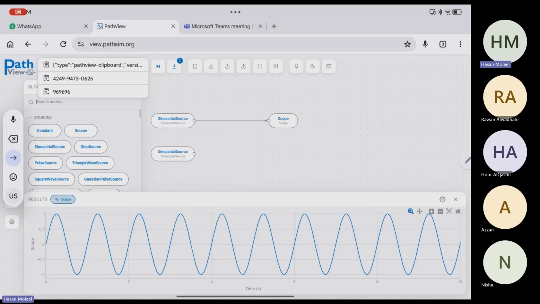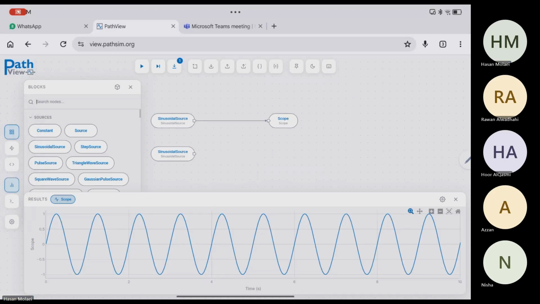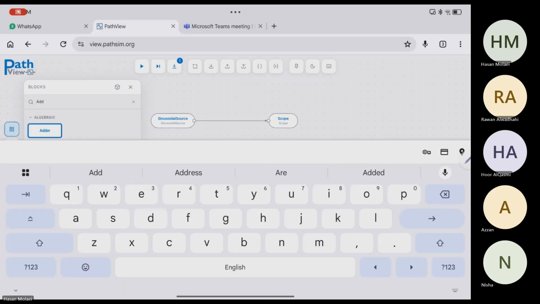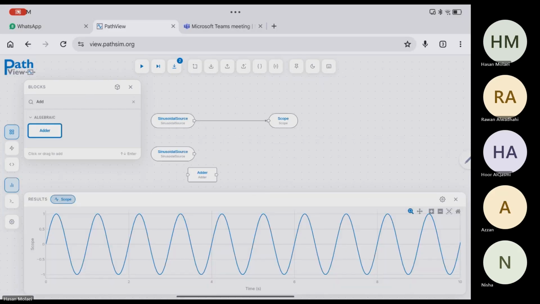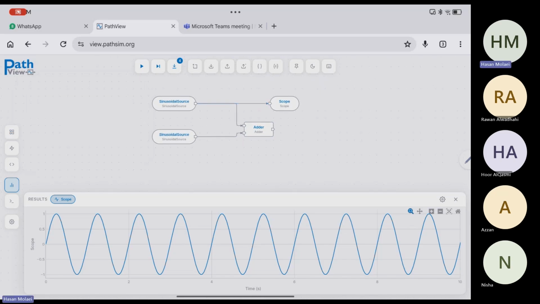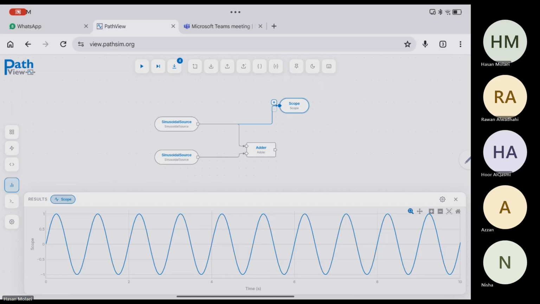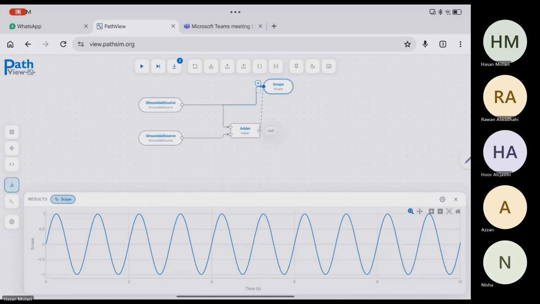I need to add this signal. Anyone have any idea how much should I put the frequency and amplitude? Same.